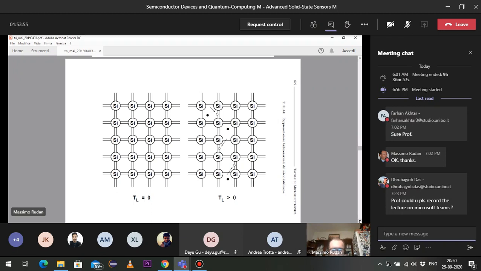So we can discuss this figure easily, okay? You remember silicon has a structure of the crystal that is cubic, and the elementary unit of this cubic arrangement is a tetrahedron.